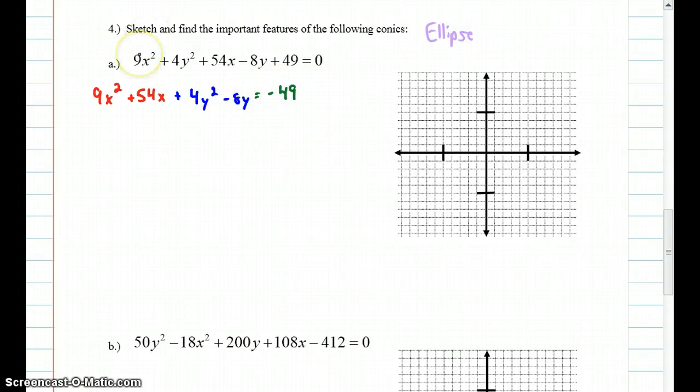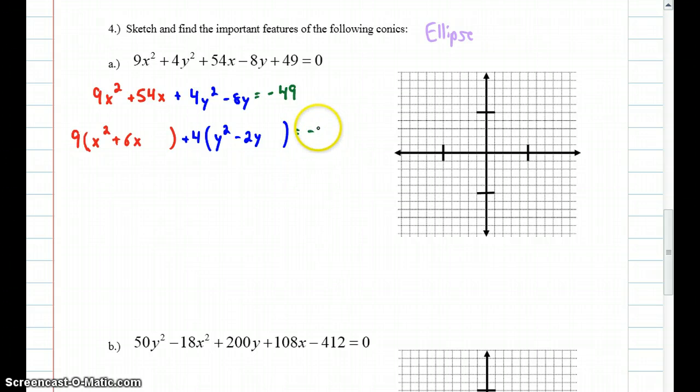Up next, I'm going to factor, take a 9 out of the x's, so I have x squared plus 6x. And I'm going to take a 4 out of the y's, y squared minus 2y. And I'm leaving space because I'm going to have to complete the square and add some other stuff in.